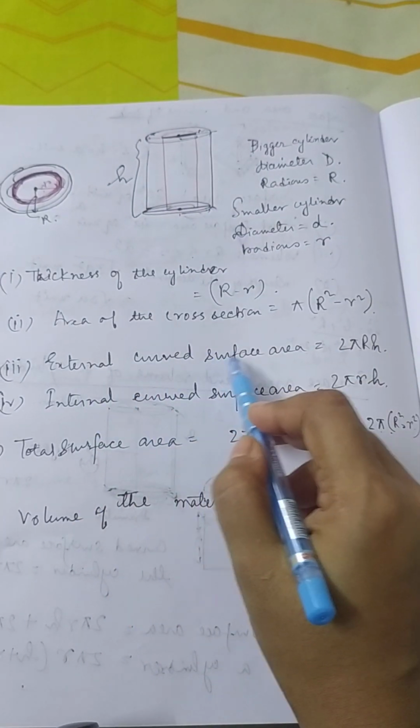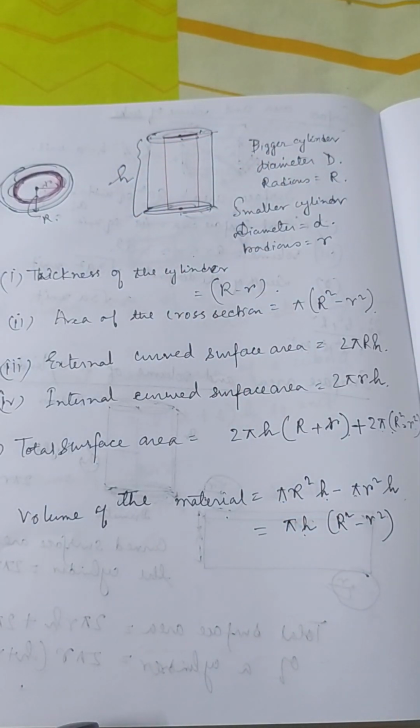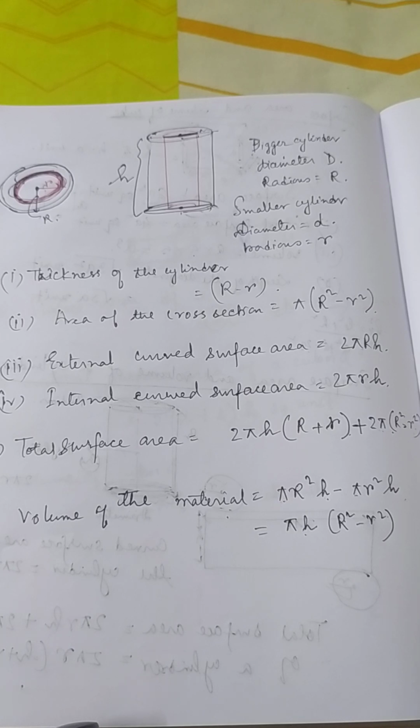Now external curved surface area. Obviously, as I discussed earlier, whenever you fold a rectangular paper, you will get a cylinder. So the outer surface is nothing but the perimeter of a circle. When you fold it, it will take the format of a circle.